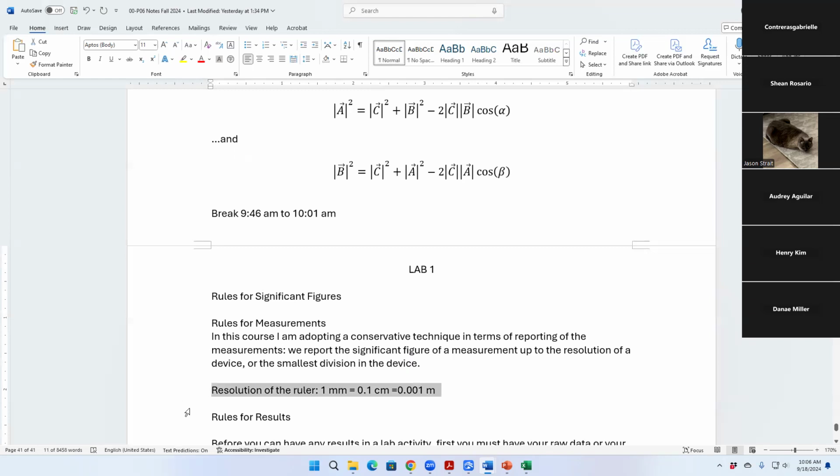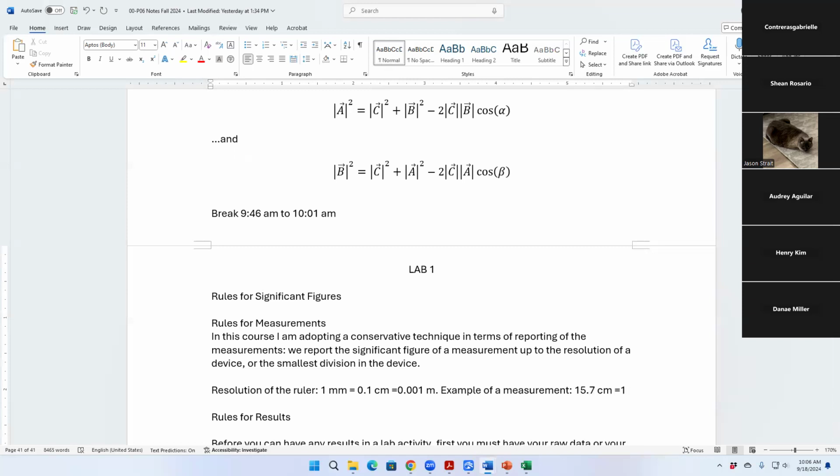So we're adopting this resolution, and an example of a measurement: if you're measuring a 15.7 centimeters long object, you stop writing in this decimal place because that's the resolution of the ruler.